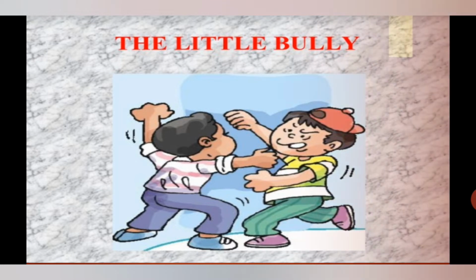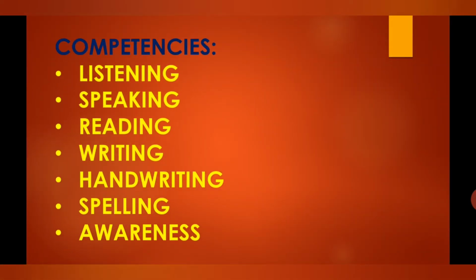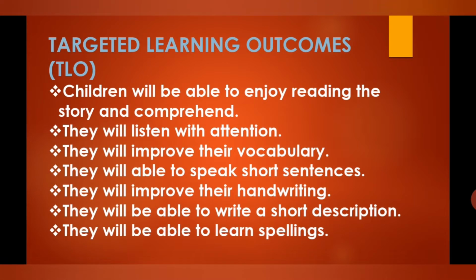Before starting this lesson, let's see the competencies that we'll cover in this chapter. These are listening, speaking, reading, writing, handwriting, spelling, and awareness. Let's have a look at the TLOs. The targeted learning outcomes of this chapter are: children will be able to enjoy reading the story and comprehend.